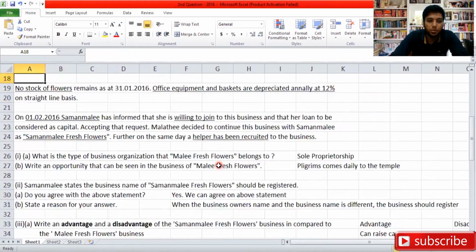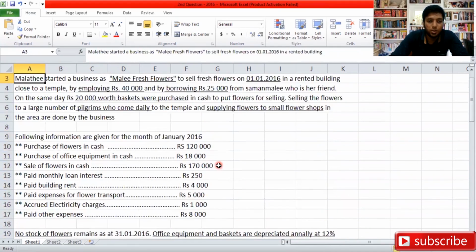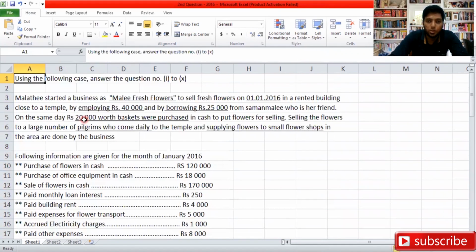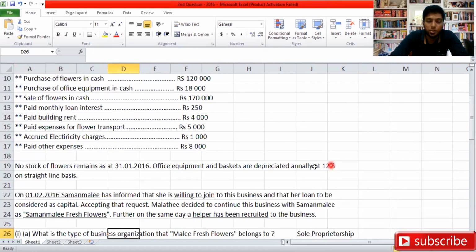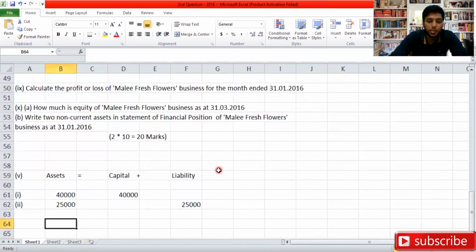Then the third thing, if you see, you are purchasing some sort of assets worth 20,000. So your cash is going out and 20,000 worth of baskets is coming inside. Basket we consider as non-current asset, because this is the amount which we are going to depreciate at 12%. So I will take basket as non-current asset.